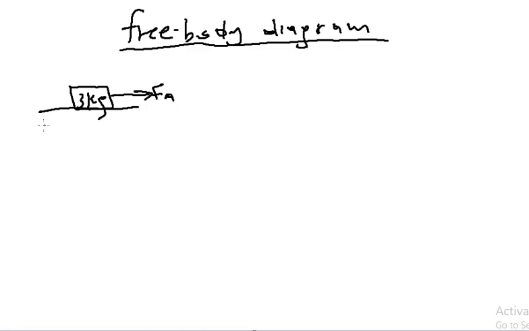So let's say the surface is rough, that is a rough surface. The surface is rough, which means there is friction. So the first force, which must always be drawn, is the force of gravity, that is Fg.